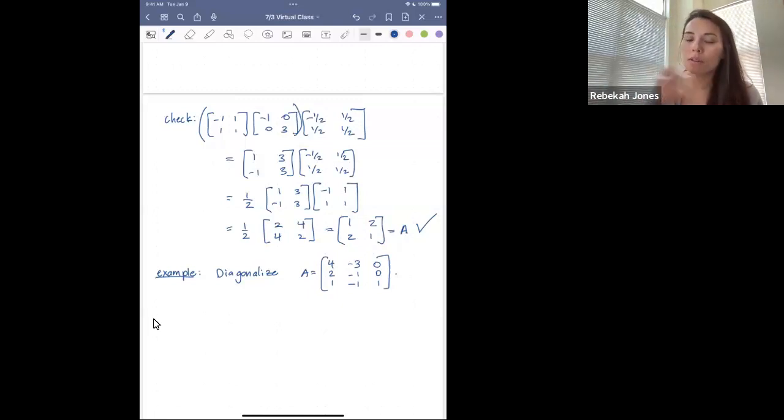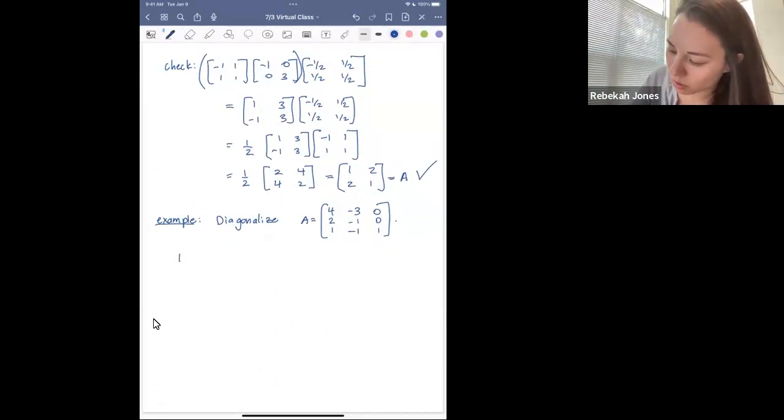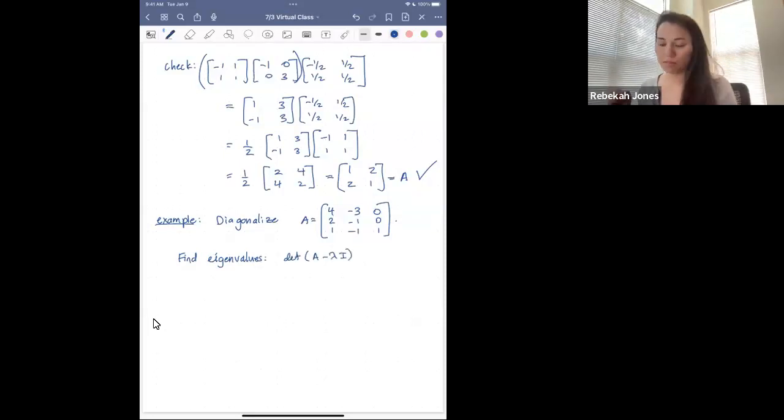Okay, so like before, our first step is to find the eigenvalues of this matrix, right? And so what we're looking at, maybe I'll write that down. So first step is we're going to find the eigenvalues, which means we want to compute the determinant of A minus lambda I. Right. Okay.